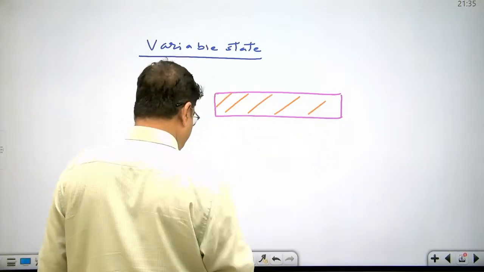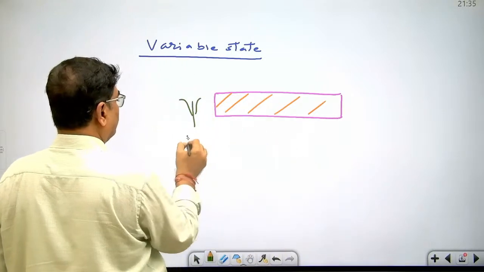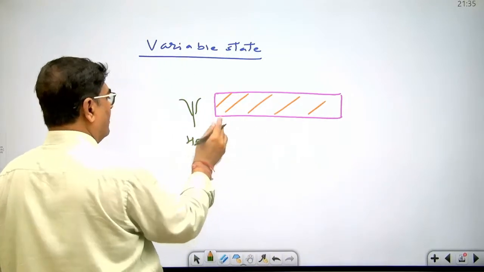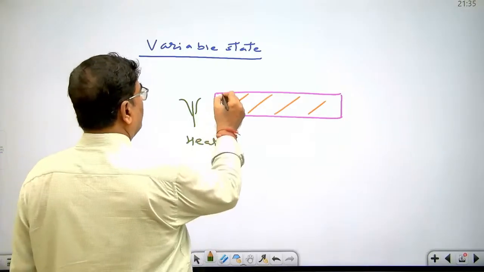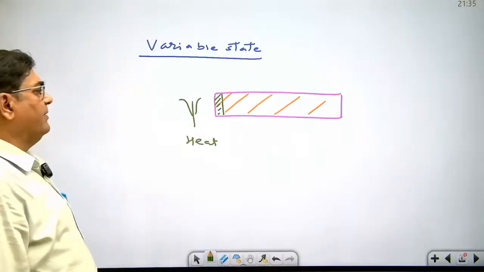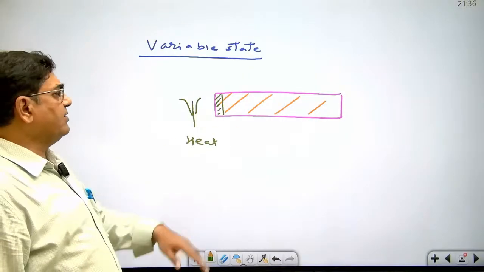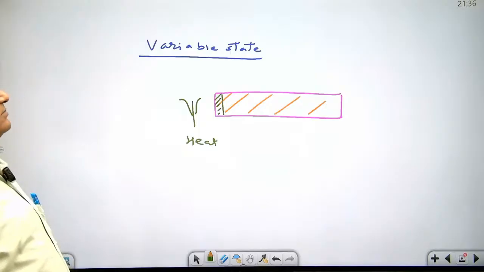Suppose we are supplying heat to this rod. When heat is supplied to the rod, some part of the heat is absorbed by the element and some part is transmitted to the next adjoining element and some part is transmitted to the atmosphere.